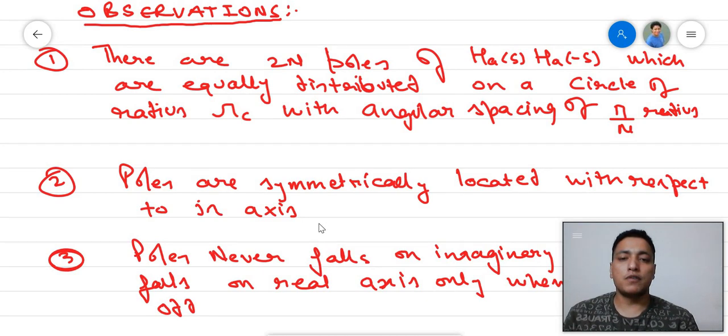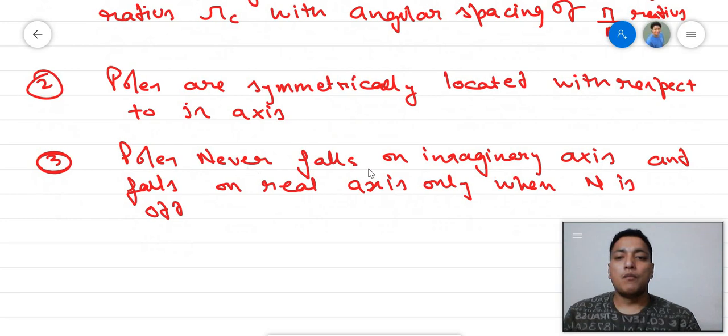This is the second observation. Third one is poles never fall on an imaginary axis, and they will fall on real axis only when n is odd. If n is even, then they will fall neither on the real axis nor on the imaginary axis.